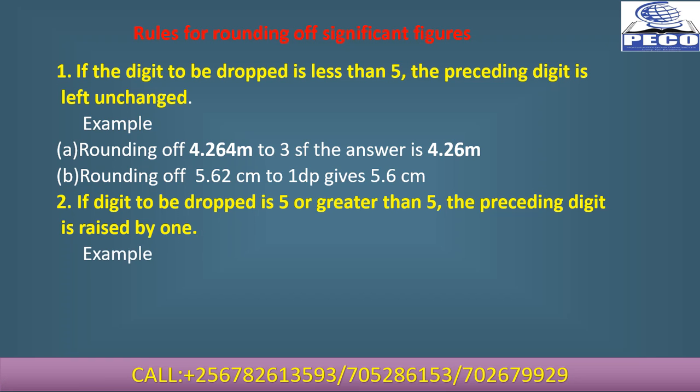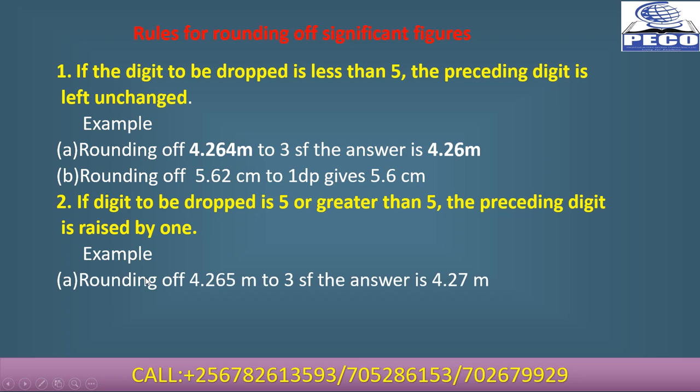An example here, let's look at rounding off 4.265 to 3 significant figures. Now this is 1, 2, 3. We need to stop here.